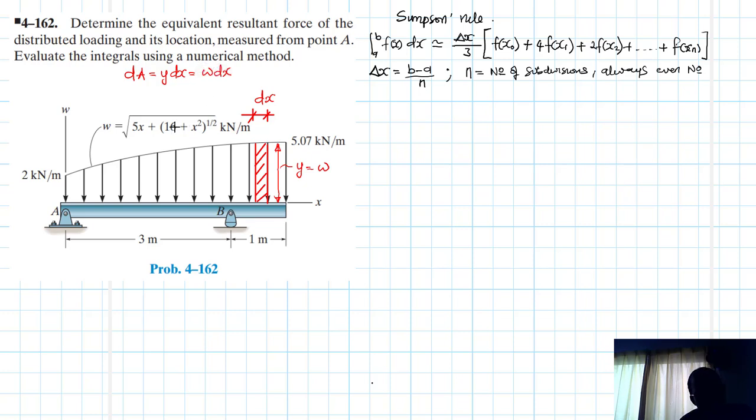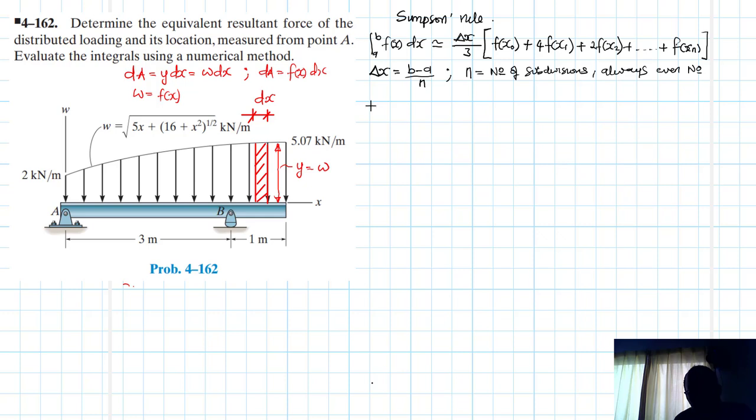And we know what w is. So let's let w be equal to the function of x. Therefore, our dA is equal to f of x dx. I'm just writing it like this because the whole function is quite long, and I want to use it only when necessary.